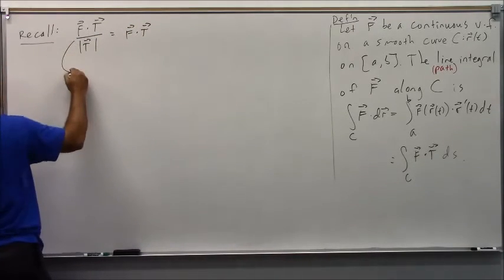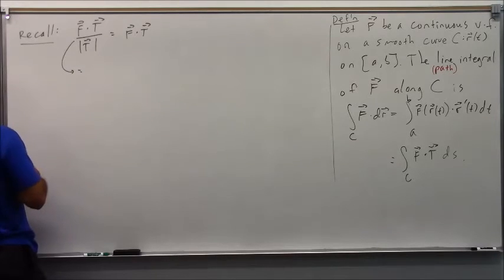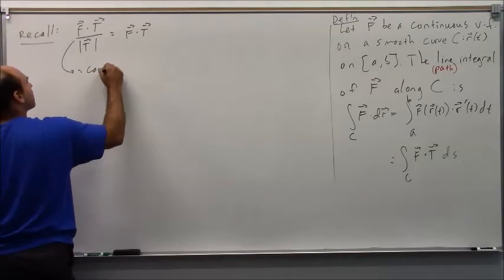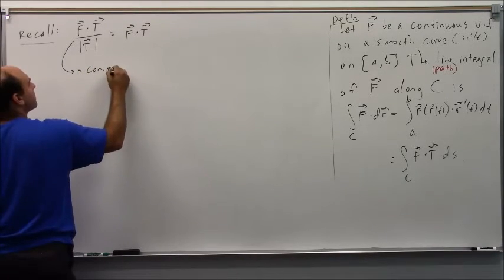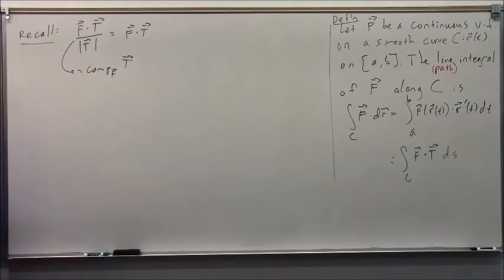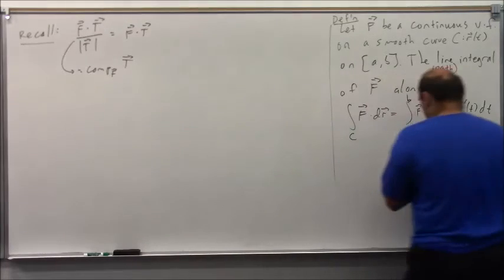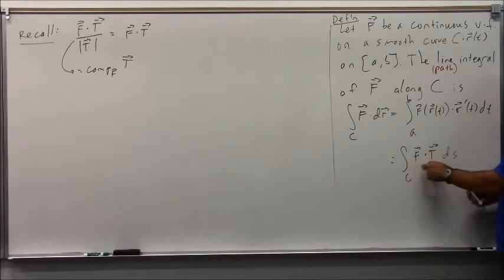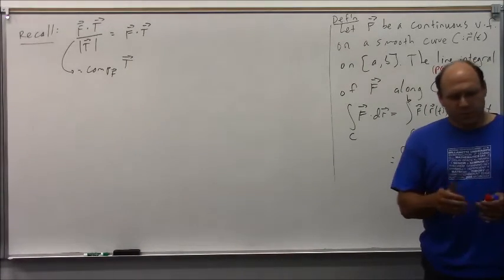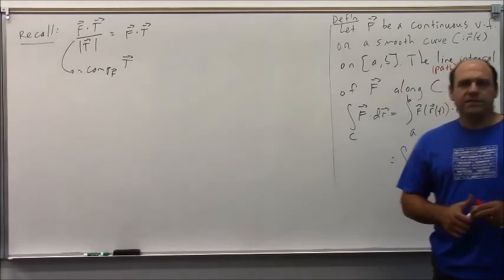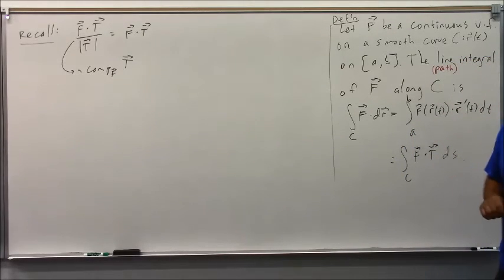But this thing, remember, is the scalar projection of f in the direction of t. So what we're doing here in this path integral is we are finding the projection of f onto t. We're seeing how much of the vector field f is in the direction of t, and then we're multiplying that by some distance and adding those up.